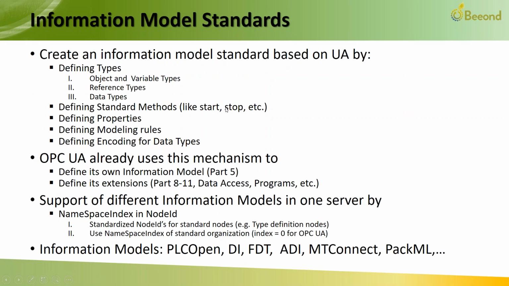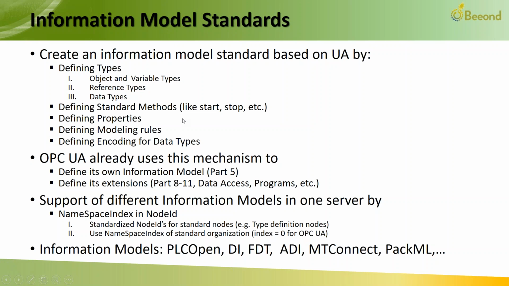Information model standards, like some of that you've seen, but the specifications themselves illustrate the definition of the types, of any types, object, reference, variables, and so forth. You can create an information model standard to define standard methods, start, stops.